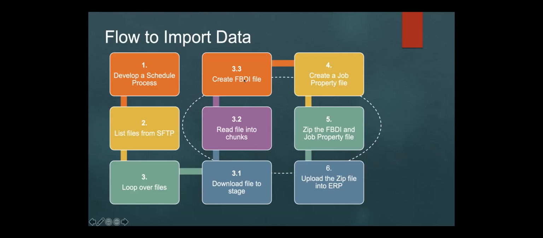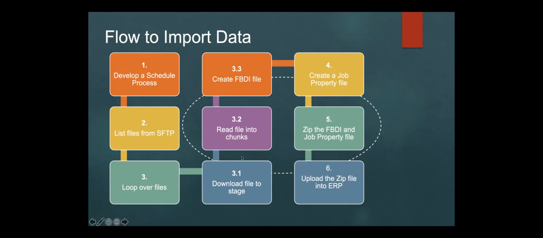If you have provided /temp, here also you have to provide /temp. And then once both the files are ready, you can zip both the files. Zip the FBDI and job property file and upload that zip file into your ERP.